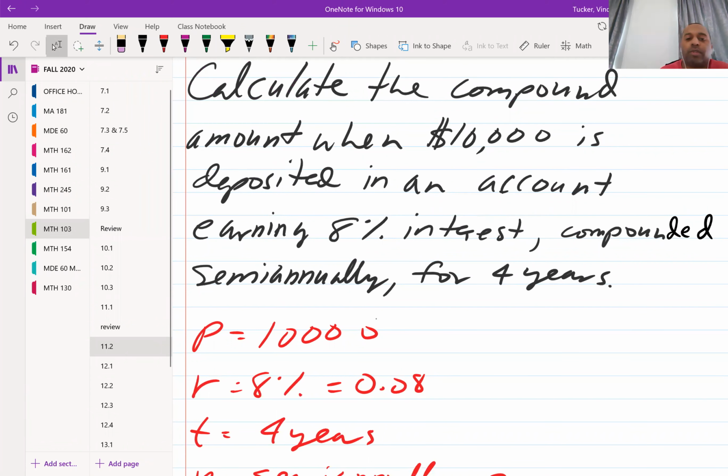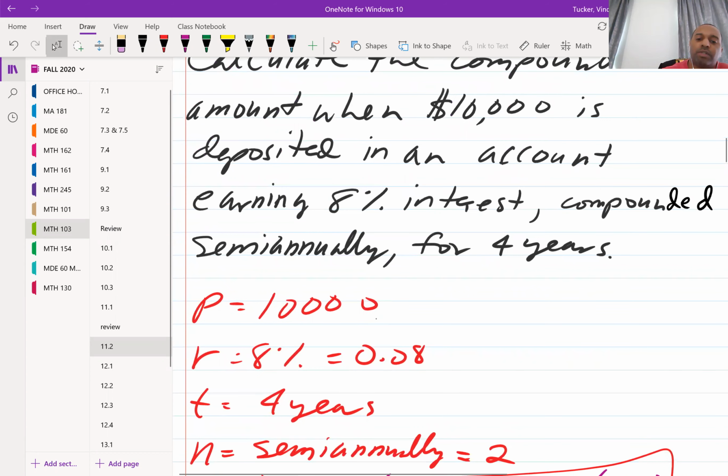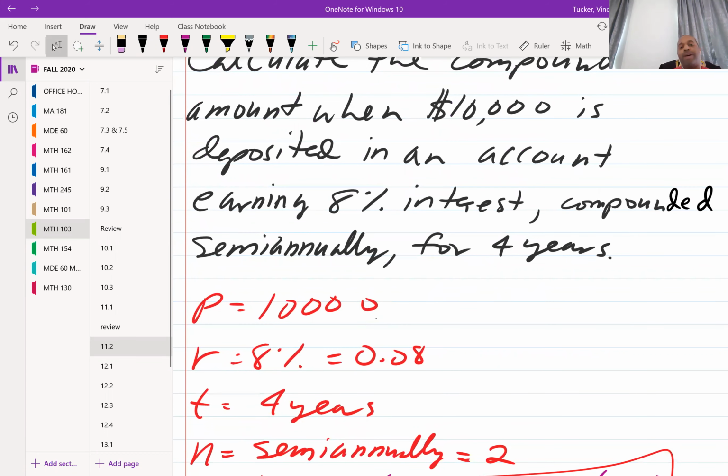So here we have P is 10,000, R is 8%, which is 0.08, T is 4 years, and it says it's compounded semi-annually, so that means N is going to be 2.